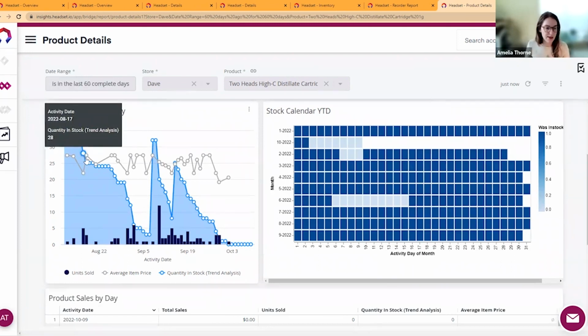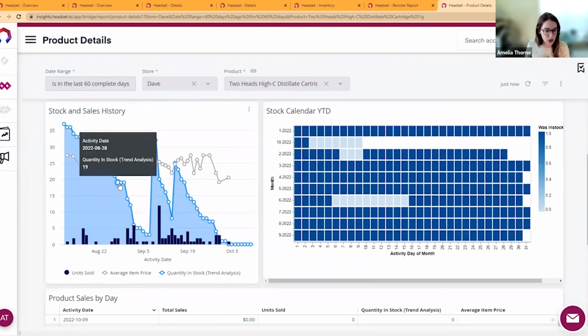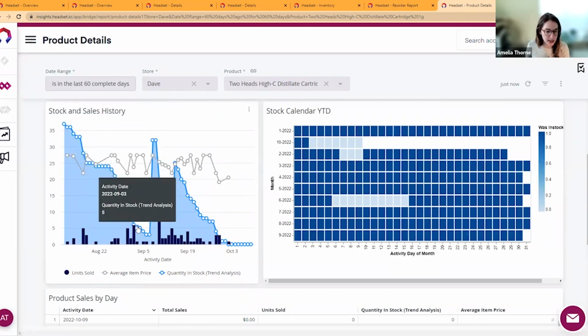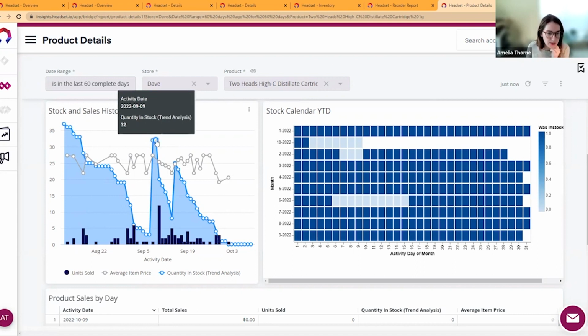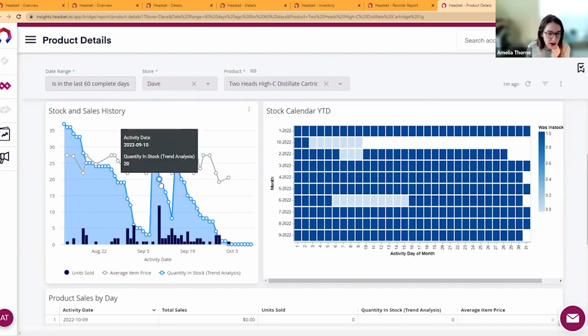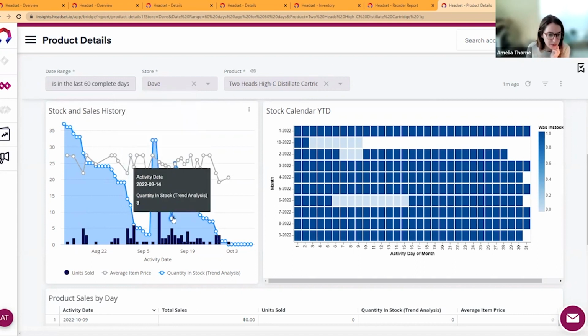So of course, as we sell more, this line is going to decrease each day. And you can simply hover over each one of these dots to see how much quantity you have in stock. Looks like on the 7th, we did a nice restock there and got in 32 units. And we sold out of those pretty quickly.